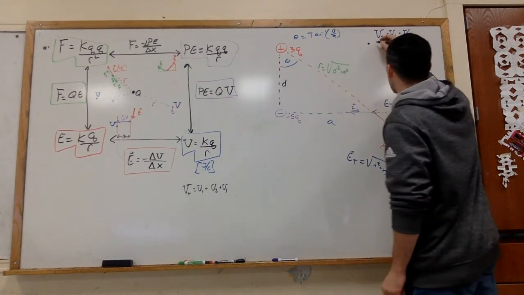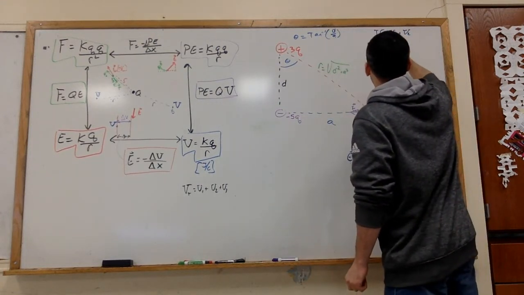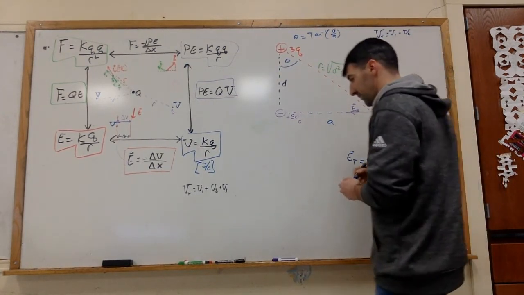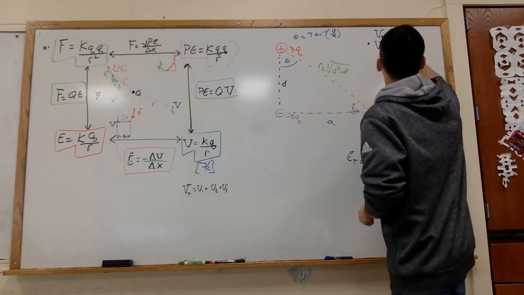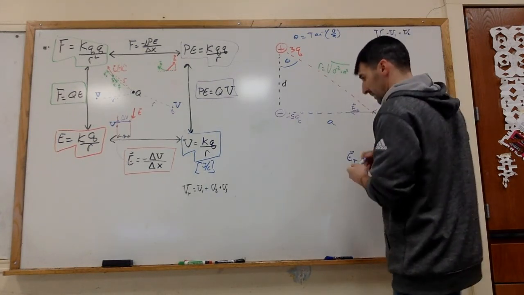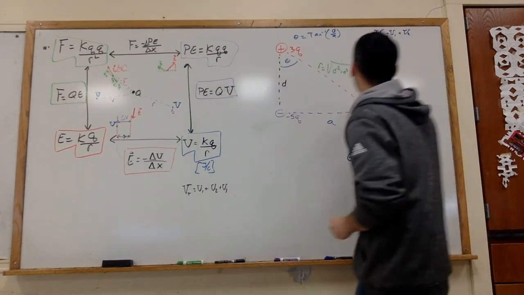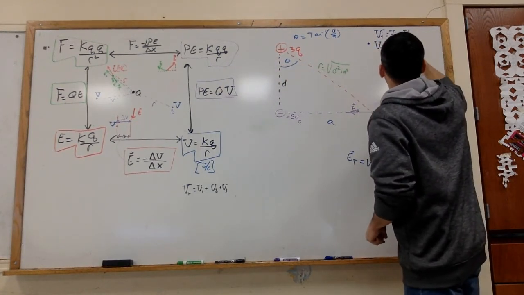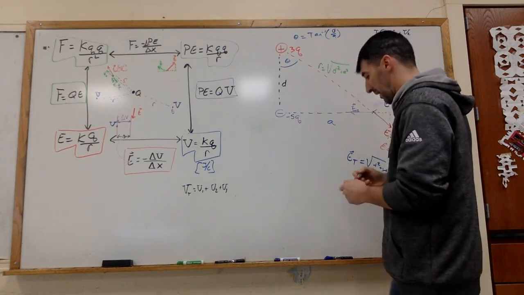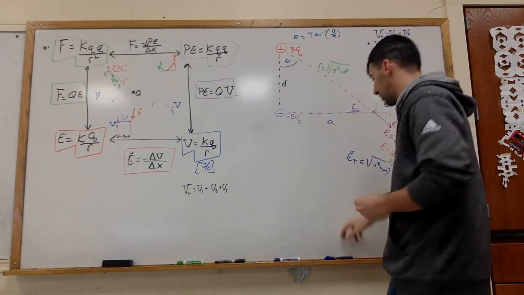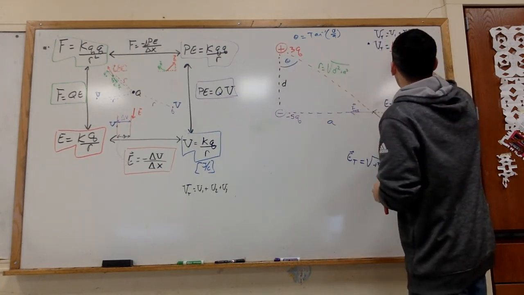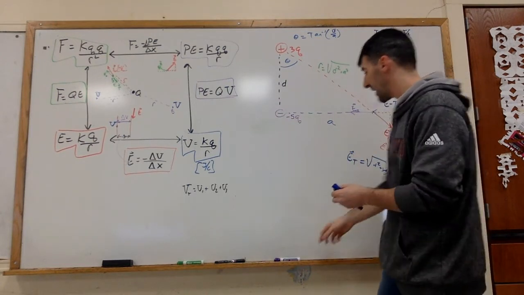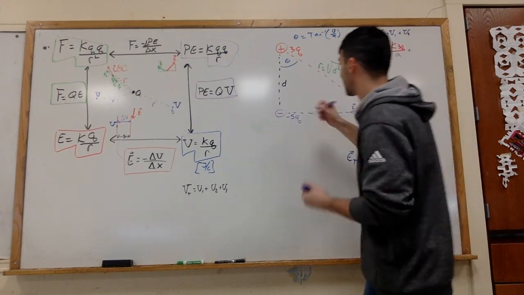So I'm simply going to plug in V total. My electric potential from my 3q is going to be K3Q divided by R, and I know that my distance is just A because I made that a square, plus my distance here. Again, we just figured out what that radial distance is.